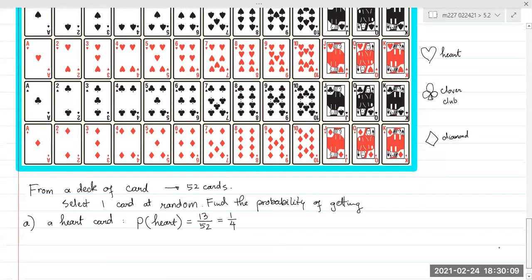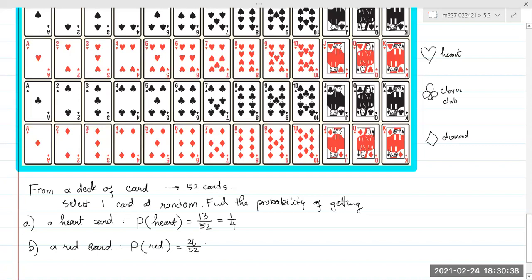Okay, now how about the probability of getting a red card? The notation is capital P, parenthesis, the event red, or you can also say red card. How many red cards here? 26, that's right, the number of heart and diamond cards.